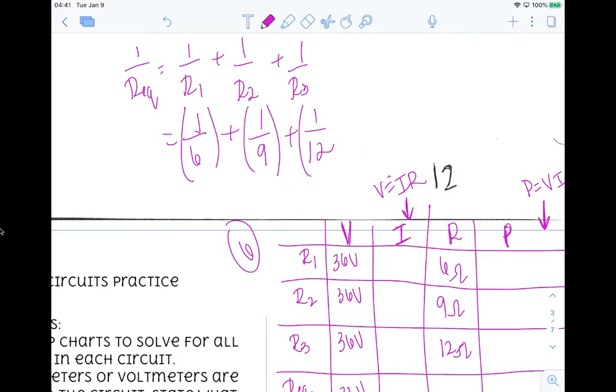Plugging into our calculator, we end up with 13 over 36. However, we know that we have to take the inverse of this to get our final answer of 2.77 ohms.